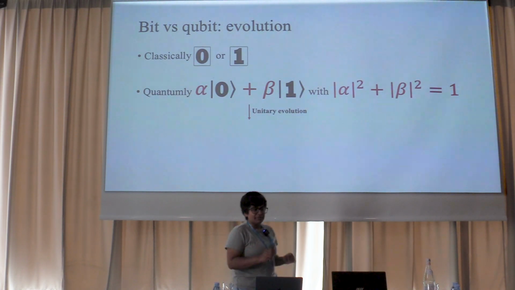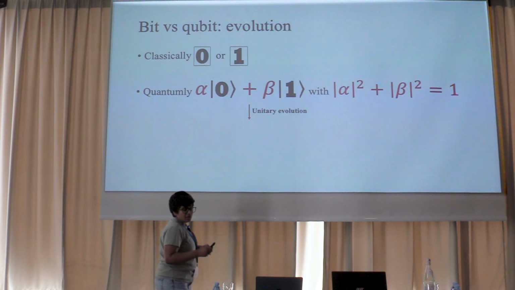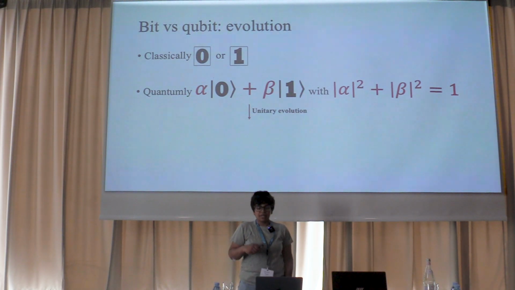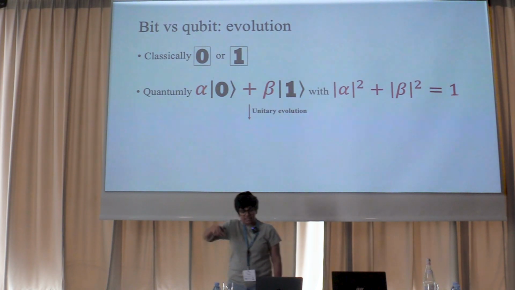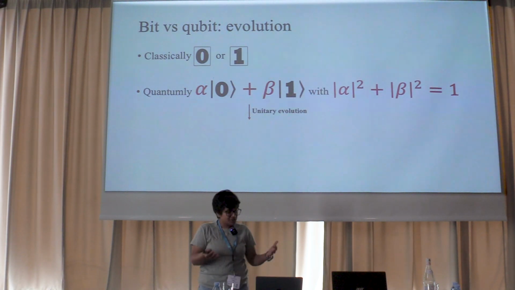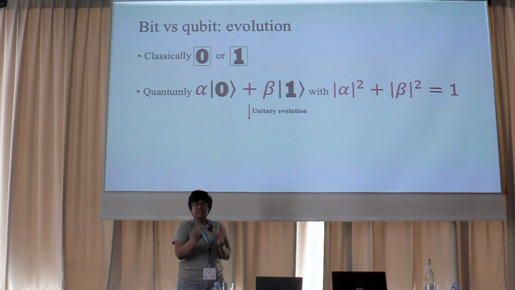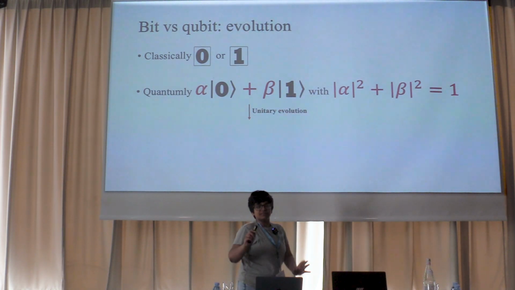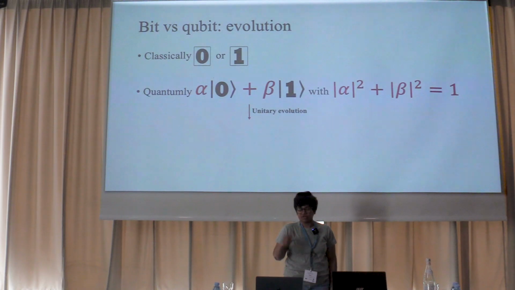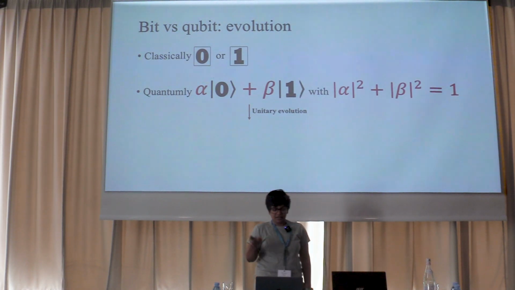Similarly, in the quantum world, we also apply gates, but because it's a thing in nature, any quantum state can only get unitarily transformed to another quantum state. These are some restrictions that quantum mechanics enforces.